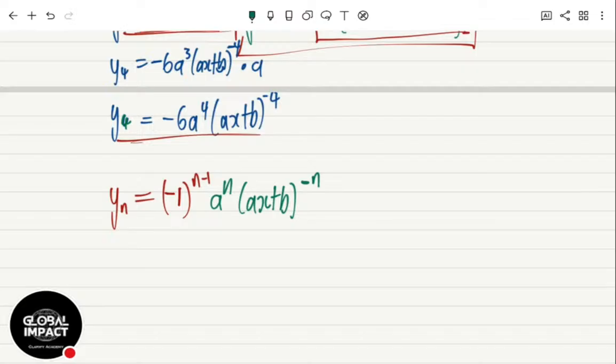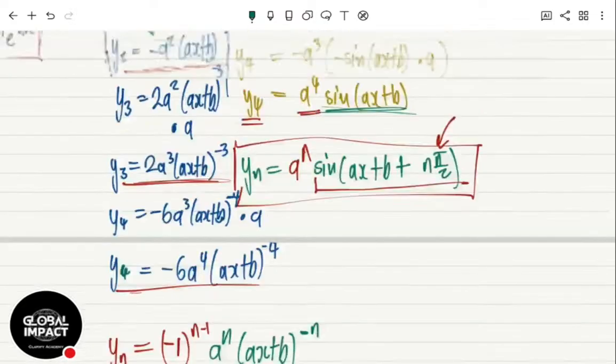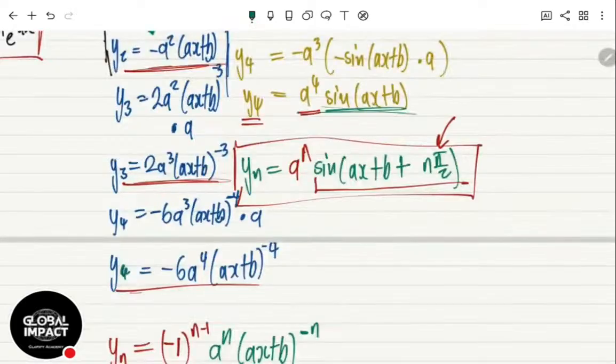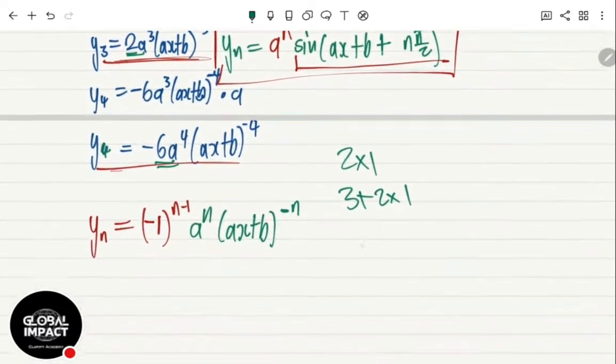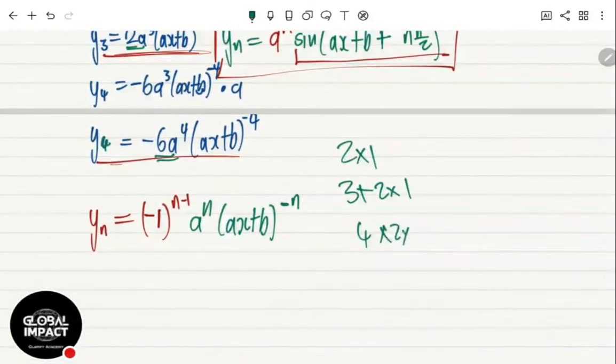What are we going to put next? Whenever you see a number, y3 being 2, y4 being 6, the only time you come from 2 to 6 is when you are doing factorials. 2 factorial is 2 times 1. 3 factorial is 3 times 2 times 1. 4 factorial is 4 times 3 times 2 times 1.